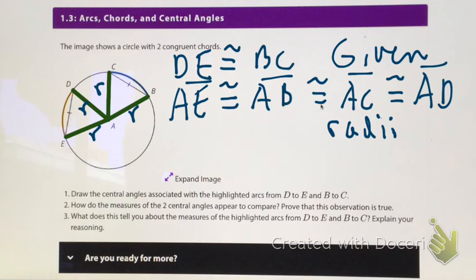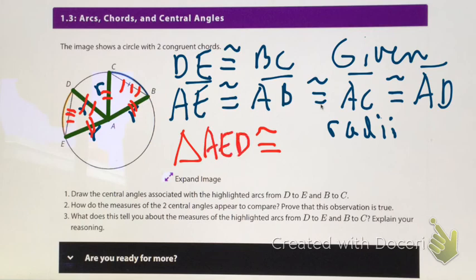Well, if I look at these triangles, they have two equal sides that are connected, and they have a third equal side right there. So they are congruent. So the triangles are congruent to each other. And if you want to say that specifically, triangle AED is congruent to triangle ABC. Why?